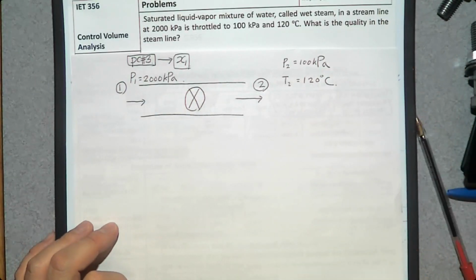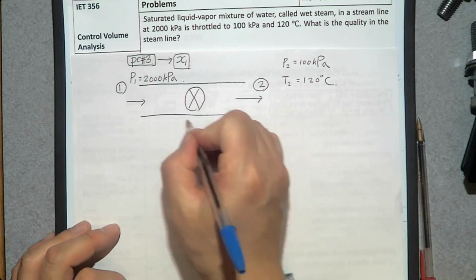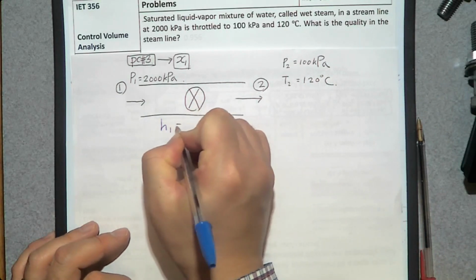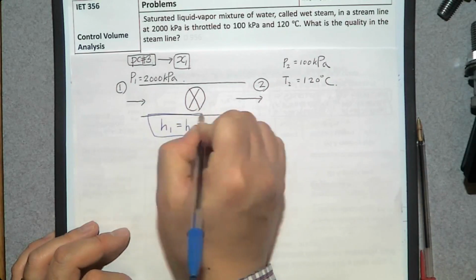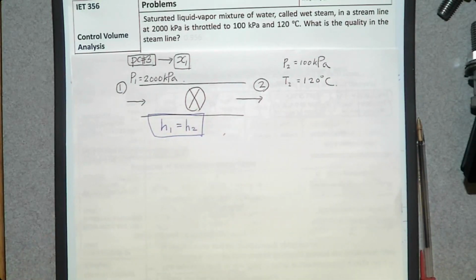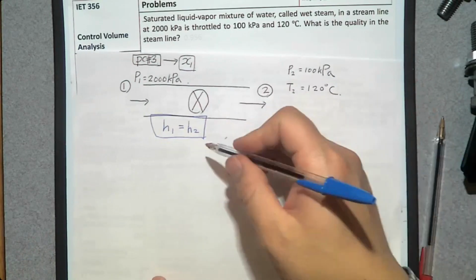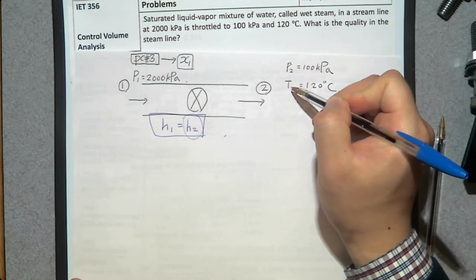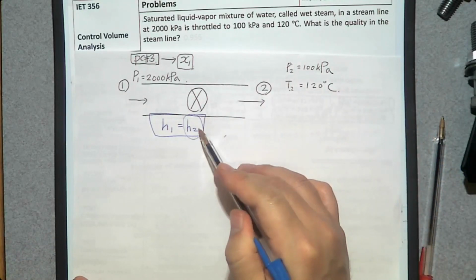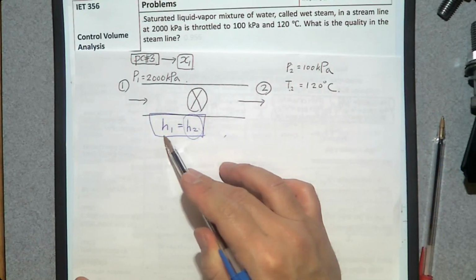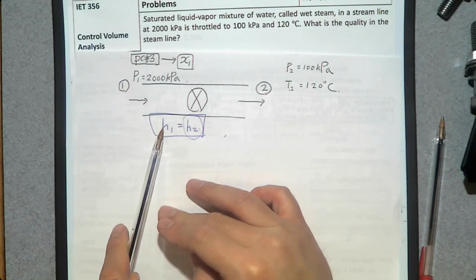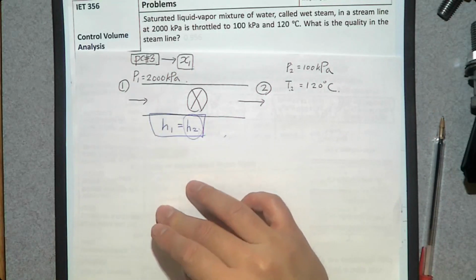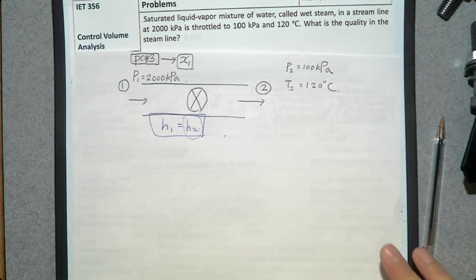Based on the energy balance equation, the enthalpy H remains constant. So we know pressure and temperature at the exit, and then we can determine the specific enthalpy H2 from them. Since we know H2, we can know H1. If we know P1 and H1, then we can determine X. So that is the plan.